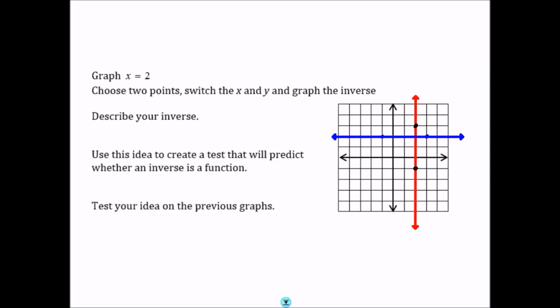So this is a horizontal line at 2. And again, thinking back to Algebra 1, remember that horizontal lines have a slope of 0 and are y equals a number, so this graph is the line y equals 2.